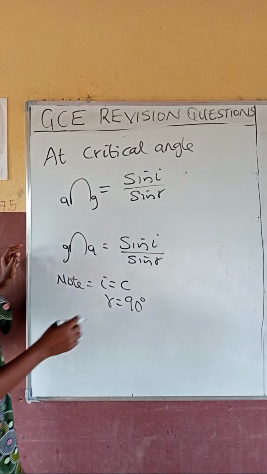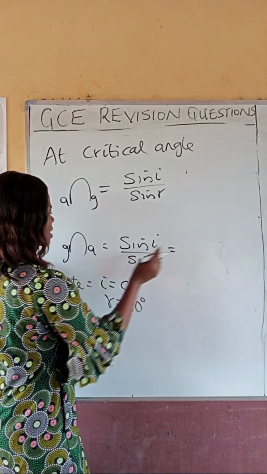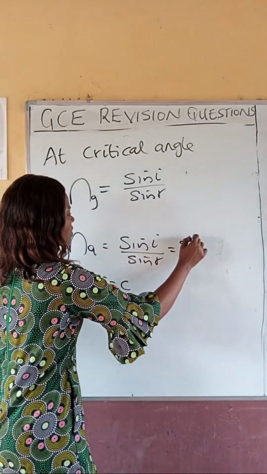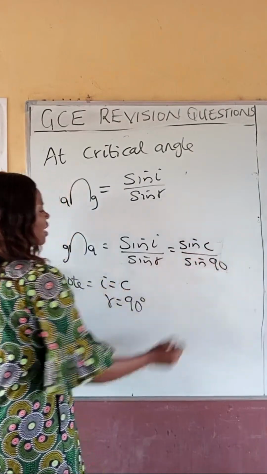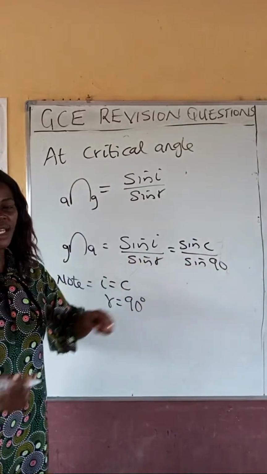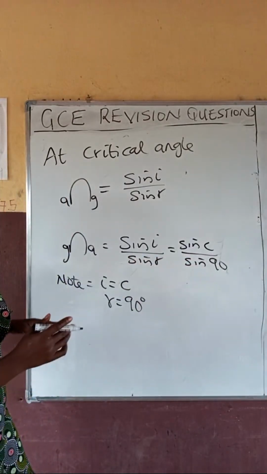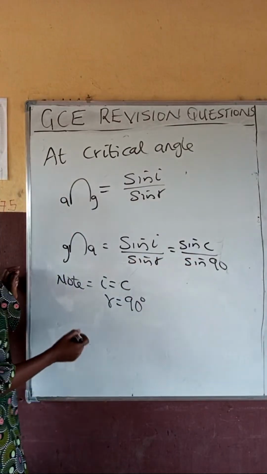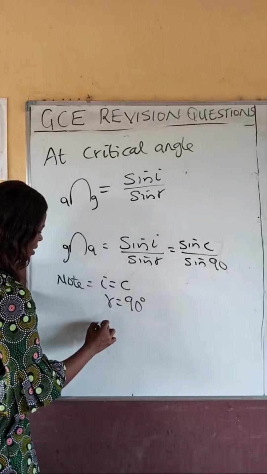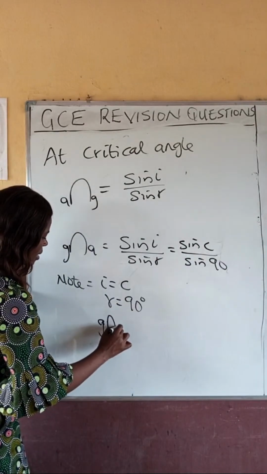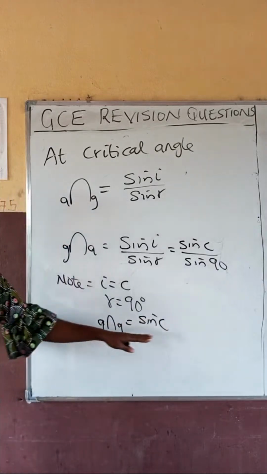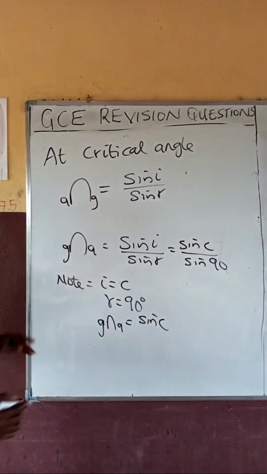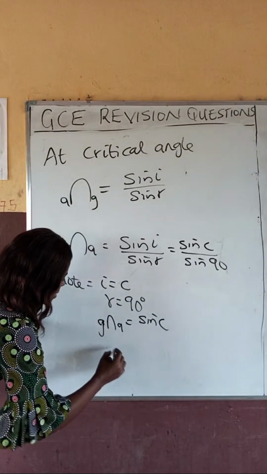This is equal to sine C over sine what? 90. And we know that sine 90 is equal to 1. If sine 90 is equal to 1, we can say that gna is equal to sine C.